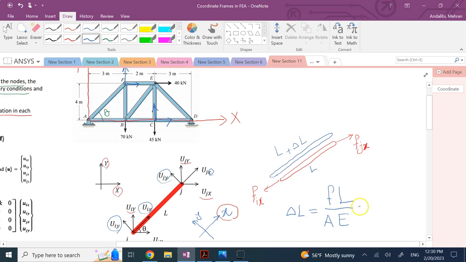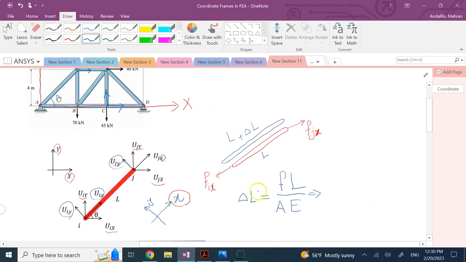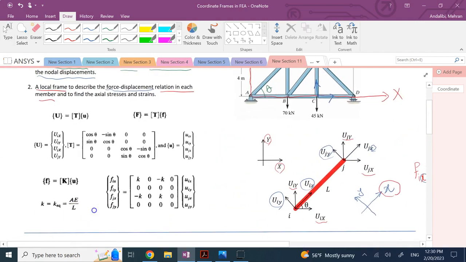And from here, if you want to find an equivalent spring, or a stiffness, for the member, you say K equivalent is basically the force F divided by the displacement delta L. So it is going to be A times E divided by L, right? So you see this K that you define, which is the local F and the local displacement, is all along the local x, this equivalent K, which you can see over here.